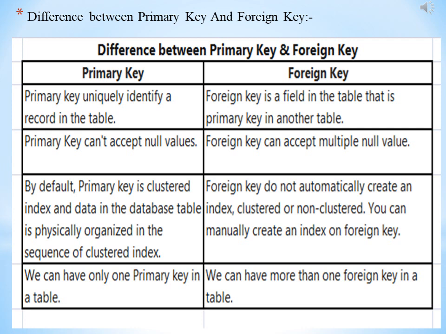By default, a primary key is a clustered index and data in the database table is physically organized in the sequence of the clustered index. The foreign key does not automatically create an index, clustered or non-clustered. You can manually create an index on a foreign key. In a primary key, we can have only one primary key in a table.